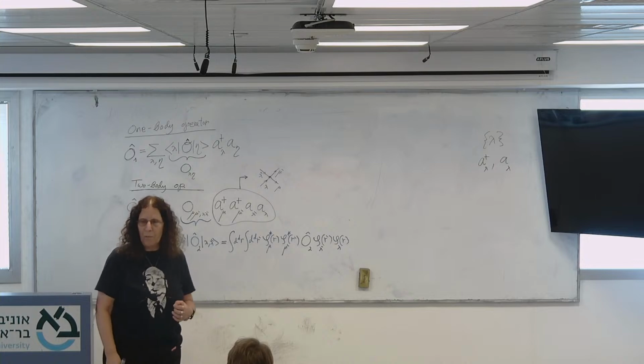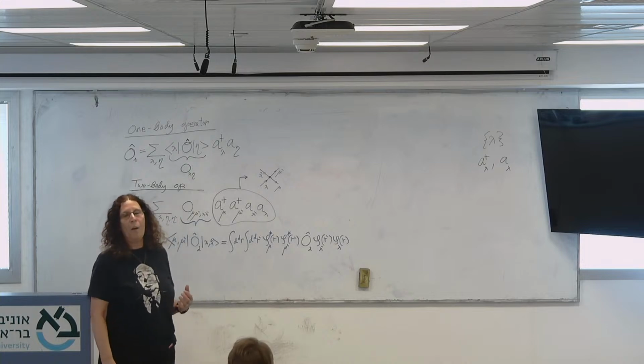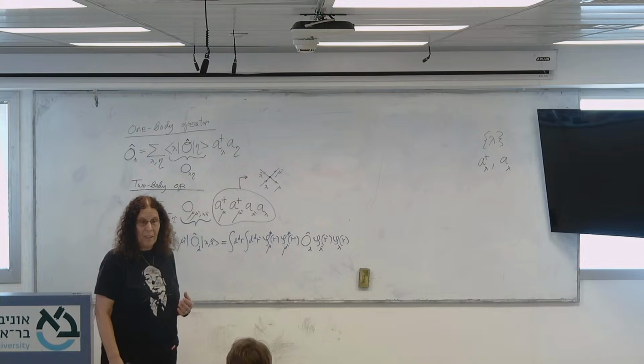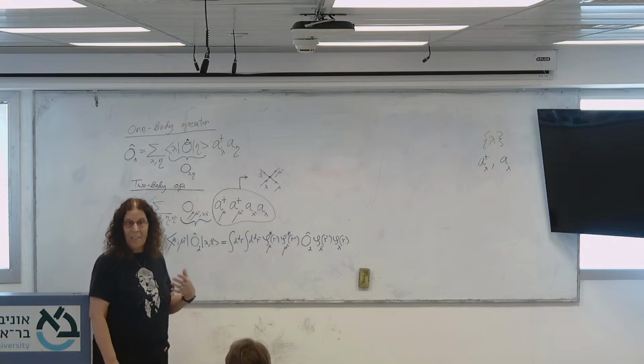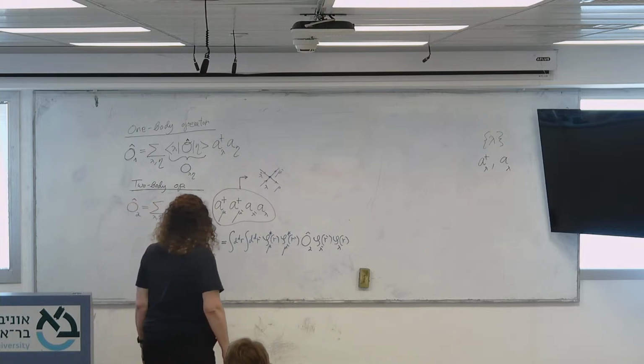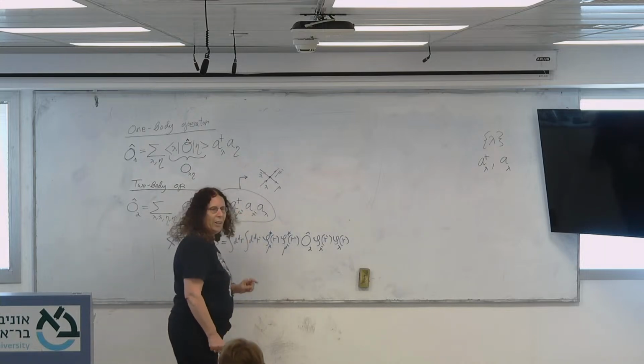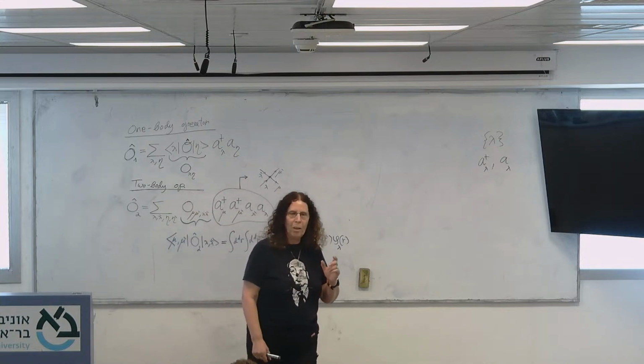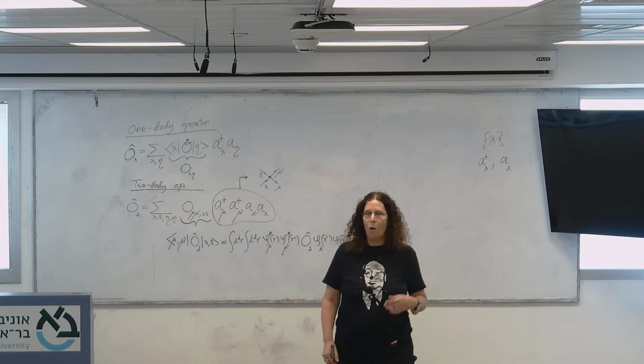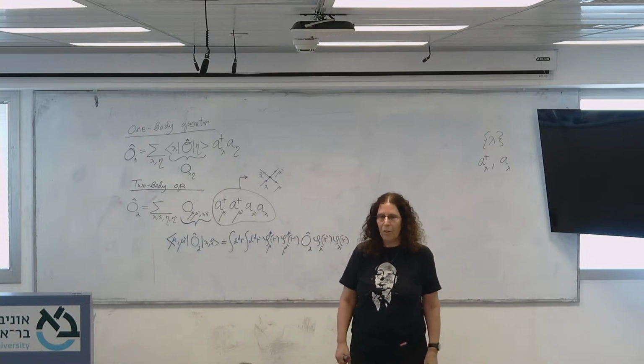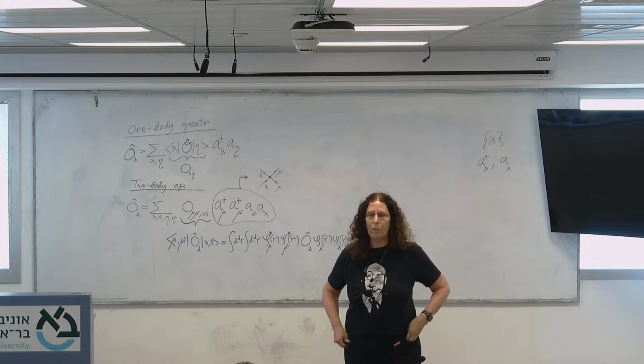And you always have to remember that if there are fermions, then any of the creation and annihilation operators cannot appear to power 2 or greater. It can only appear once, otherwise it's 0.